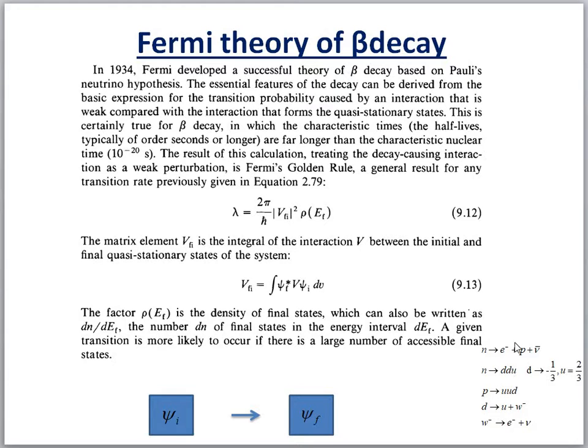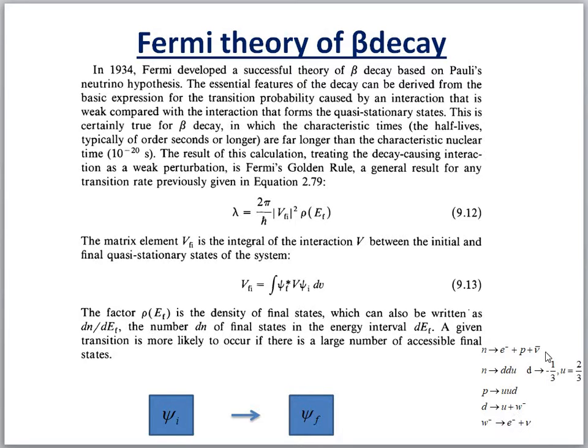So when a neutron is converted into a proton, one d quark changes into a u quark plus an interacting particle, the field particle, the W minus boson. The W minus boson gives rise to an electron and an antineutrino.